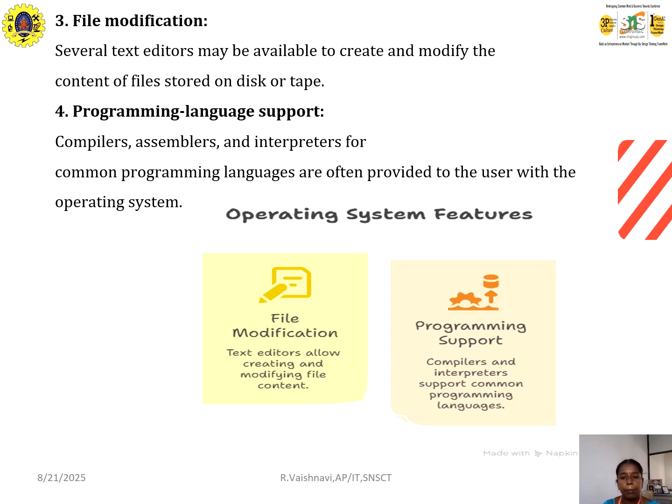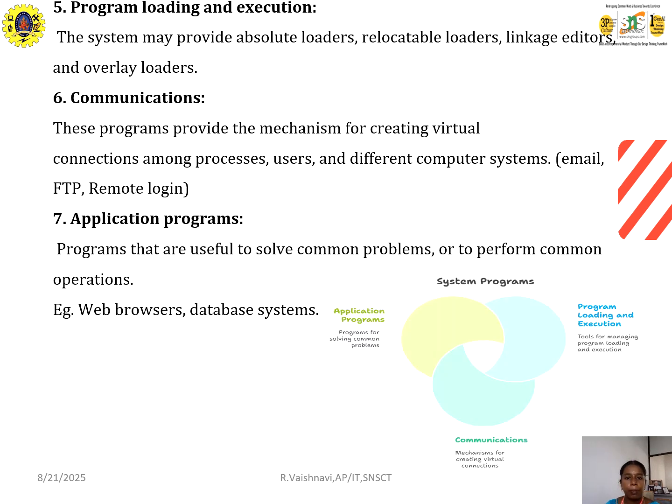And then the fourth one, programming language support: here we have compilers and interpreters that support common programming languages. Fifth one, program loading and execution: these are the tools for managing the program loading and execution. And then communication is a mechanism for creating virtual connections. And then application programs are programs for solving common problems.